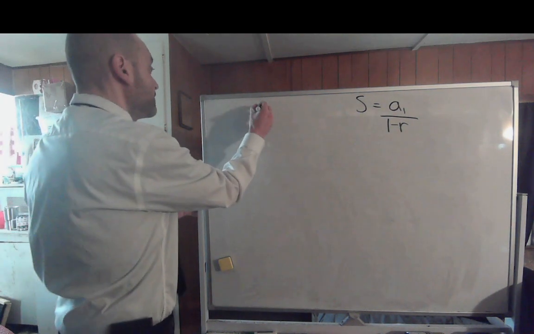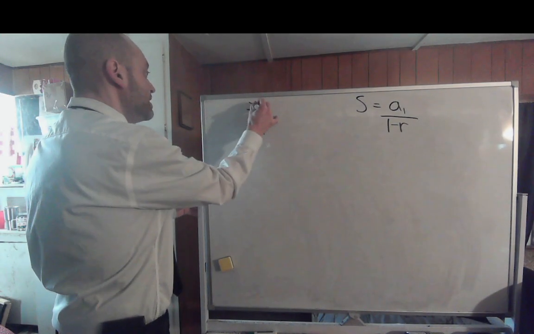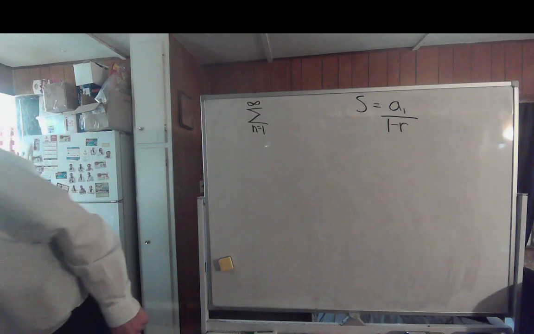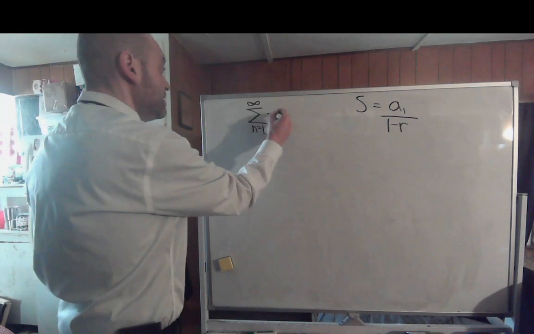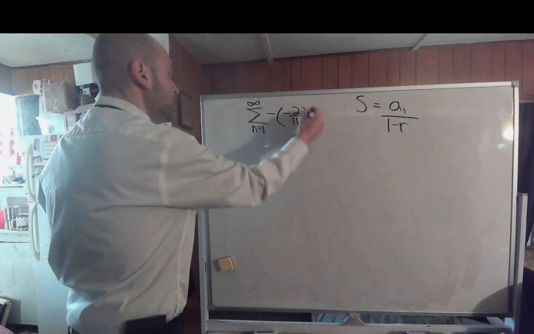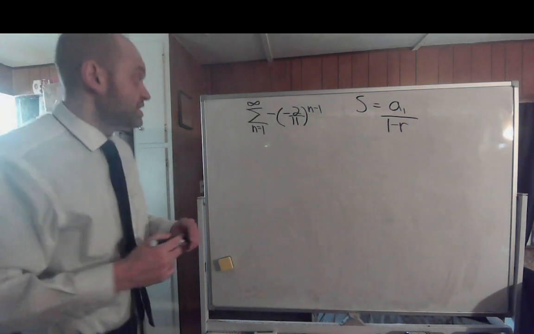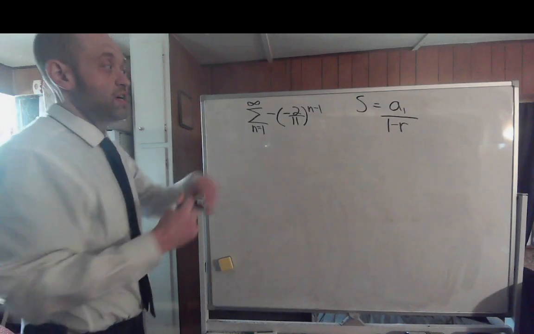We're going to go from n equals 1 to infinity of the negative of the quantity of negative 2/11 to the n minus 1. Well, let's look at this series here. What's your common ratio?